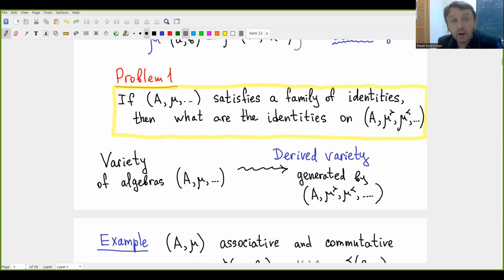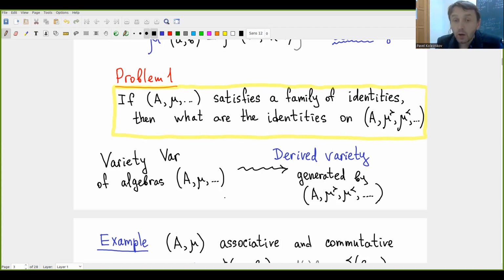In terms of varieties, we can state the same problem as follows. Suppose we have a variety of algebras, say variety var, a class of all algebras satisfying some given family of identities. Then we may consider all derived algebras constructed on algebras from the initial variety var and all possible derivations.